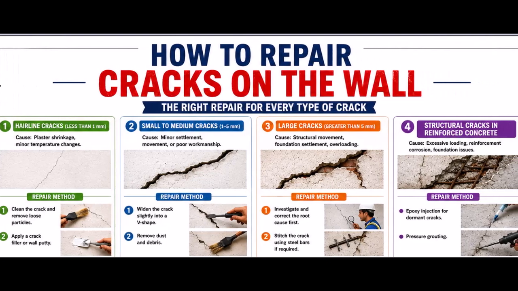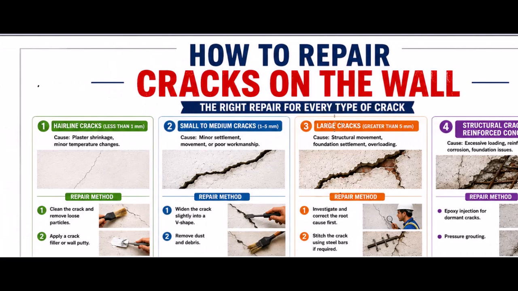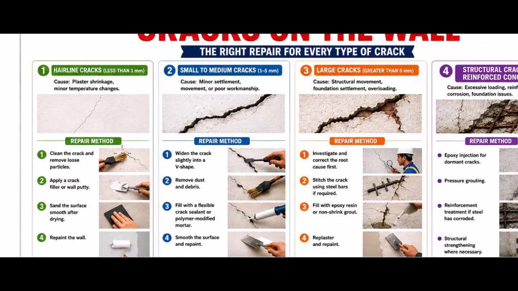So for the first one, which is the hairline cracks, it is cracks that are less than 1 millimeter in size. The causes for this crack are plaster shrinkage and minor temperature changes, and the repair method is: step 1, clean the crack and remove loose particles.